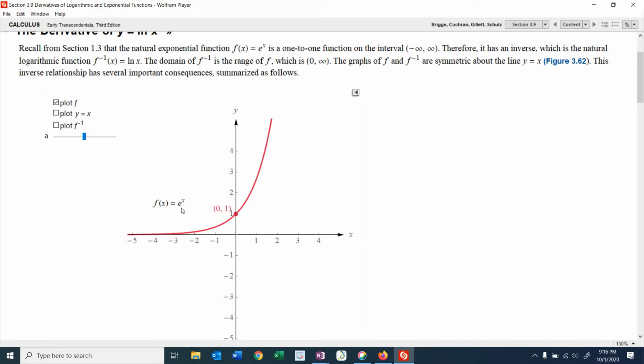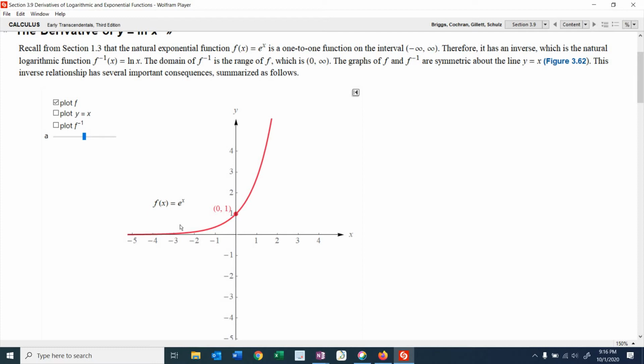So for this function, e to the x, if you input a 0, e raised to the 0 power is equal to 1. But for the inverse function of this, if you put a 1 in, you're going to get a 0 out. And that's true for every ordered pair on the graph of this function.